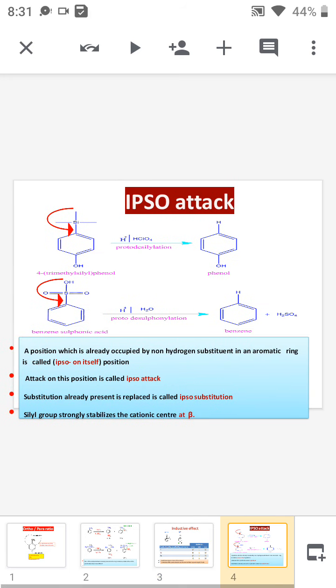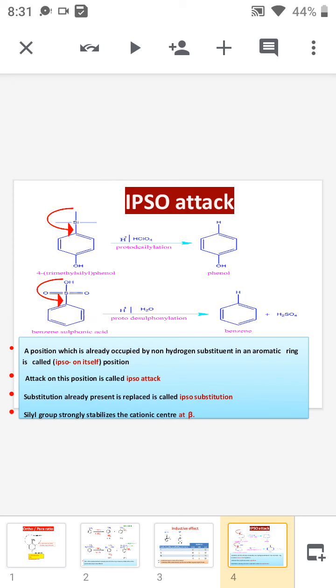Now we are moving into the next topic, that is ipso attack. Ipso is a Latin word, its meaning is itself. So in any aromatic ring, a position which is already occupied by a non-hydrogen substituent is known as the ipso position, and ipso means itself.